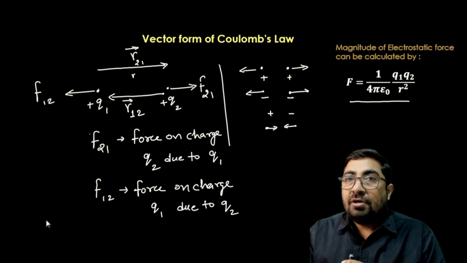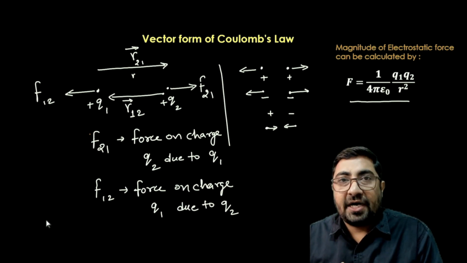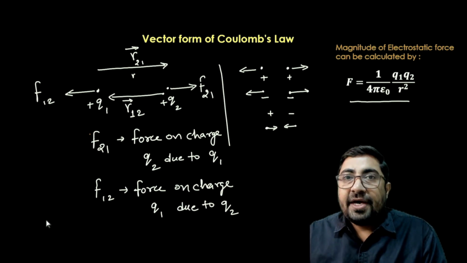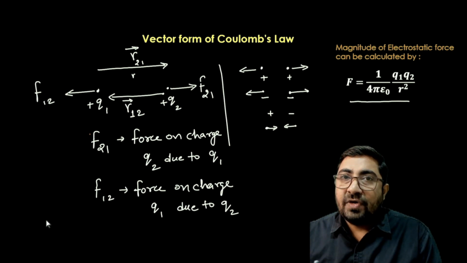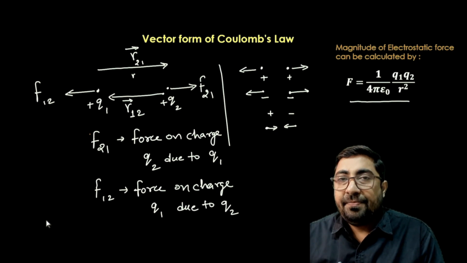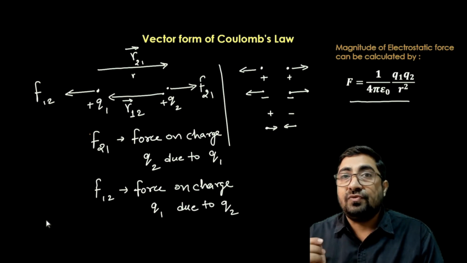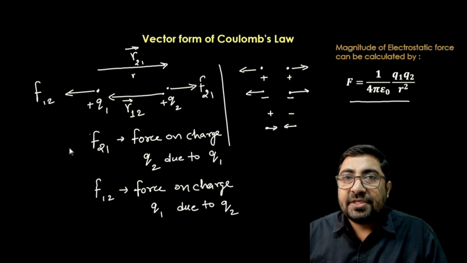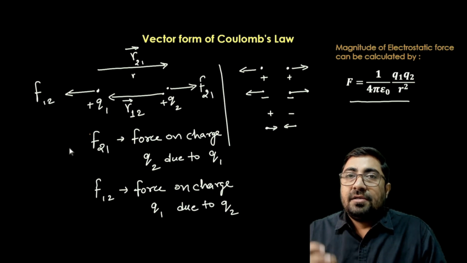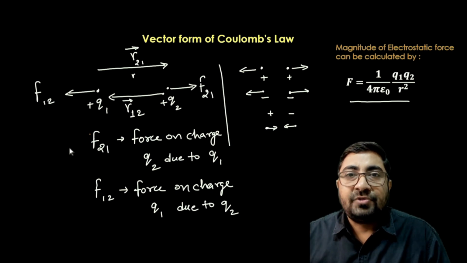If the force is towards the q2 charge, the position can be written as the r21 vector. And if you want to represent the direction of force towards the q1 charge, then the position can be written as r12. Now let's see how we can make the vector format of Coulomb's law.